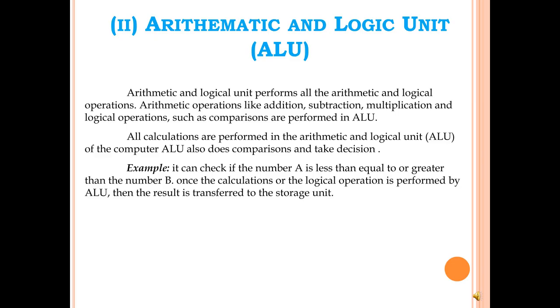The ALU also does comparisons and takes decisions. For example, it can check if a number A is less than, equal to, or greater than the number B. Once the calculation or the logical operation is performed by the ALU, the result is transferred to the storage unit.